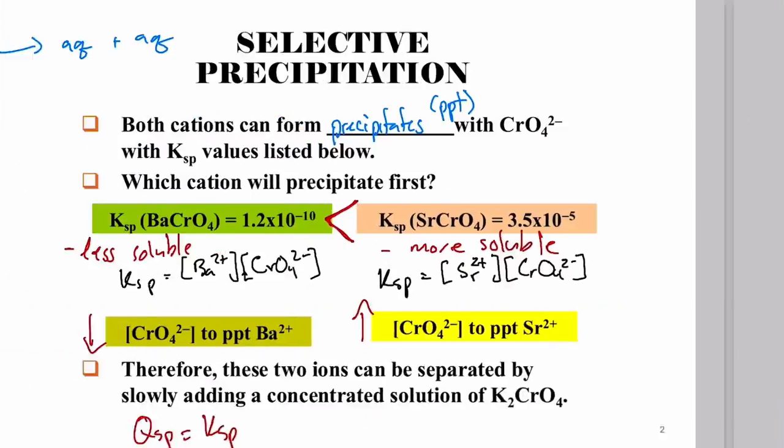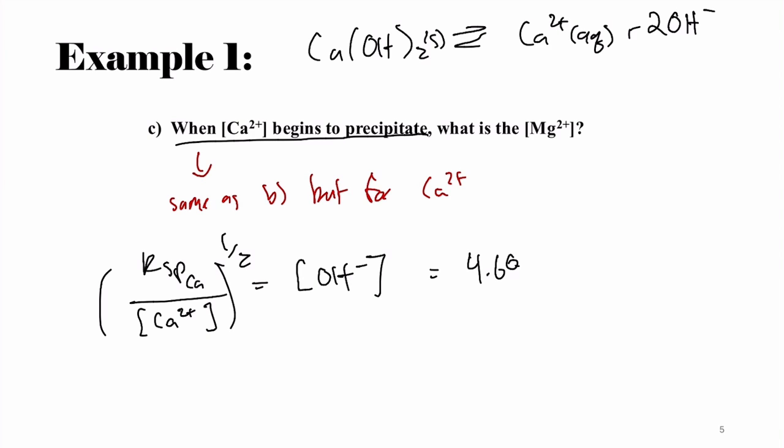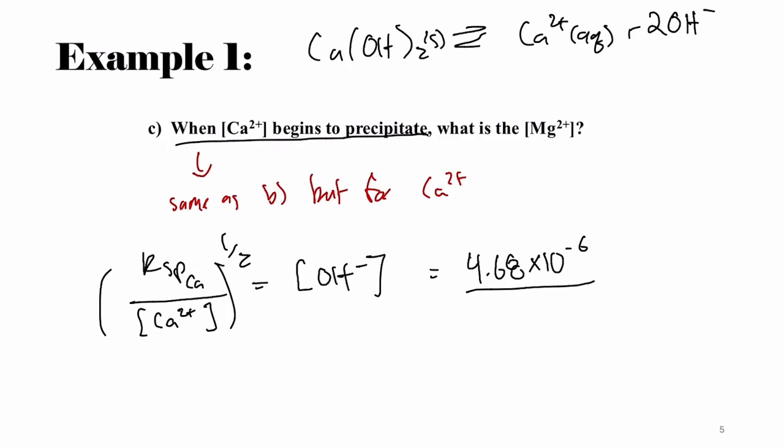And I believe that value was 4.68 times 10 to the minus 6 over 0.011 molar, to the 1/2 equals, so I'm plugging it into my calculator, that should give us 2.06 times 10 to the minus 2 molarity, right?